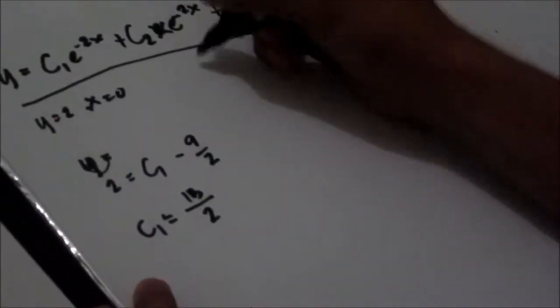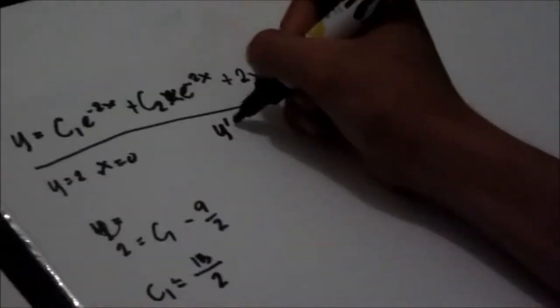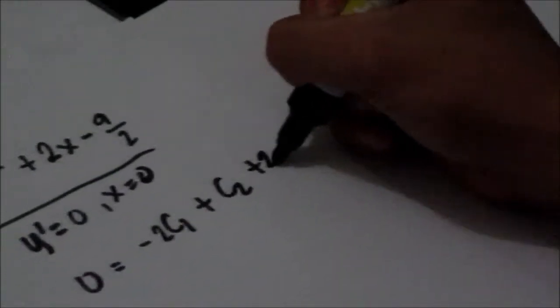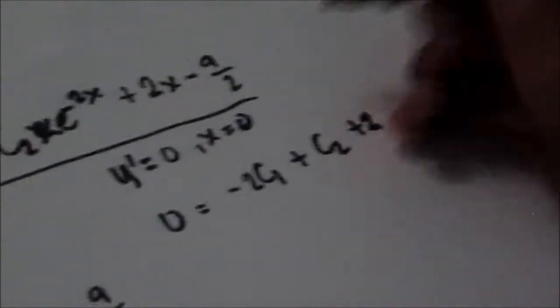And by substituting y' = 0 when x = 0 into the complete solution, we will have 0 = -2c1 + c2 + 2.